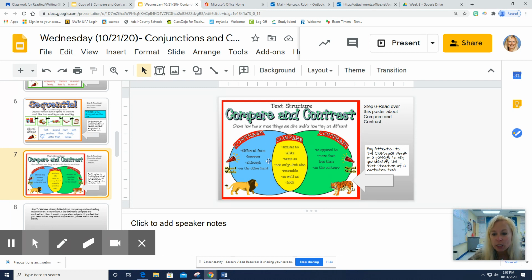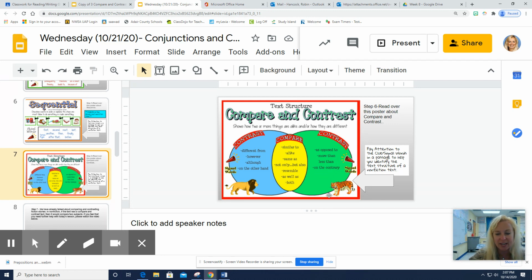But you might see clue words, also called signal words, like similar, alike, same as, not only, but also, resemble, as well as, both. To show a contrast, you might use words like different from, however, although, on the other hand, as opposed to, more than, less than, on the contrary.